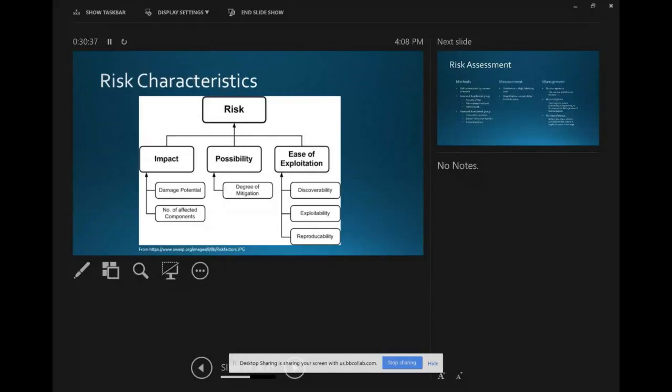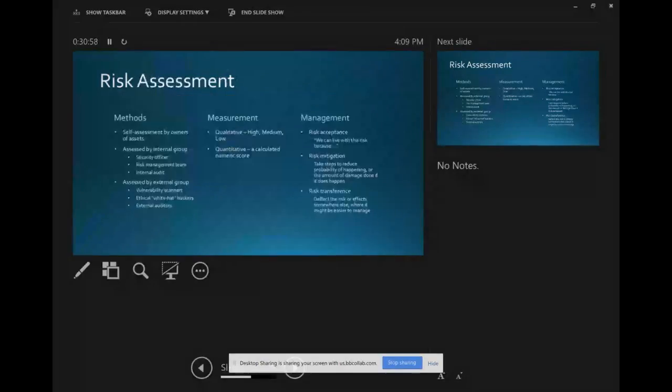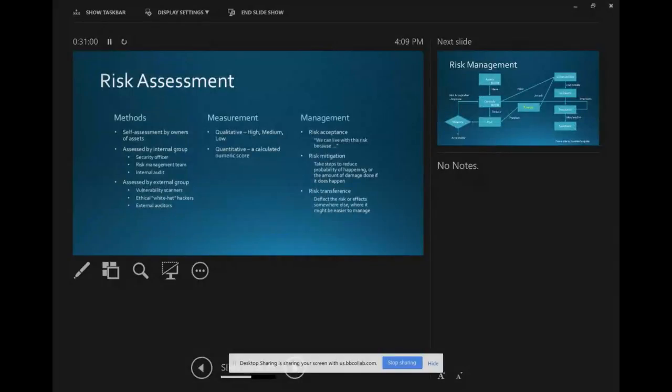You might have a risk that could be really devastating, but the likelihood of it occurring is extremely small. And then the other one is the ease of exploitation. How easy is it to find that risk and exploit it? Those are some of the key factors you would look into.